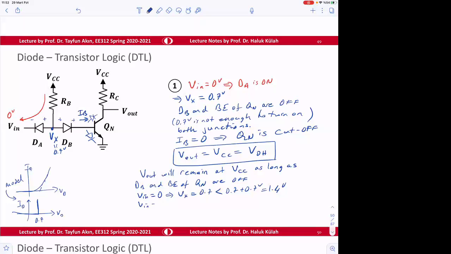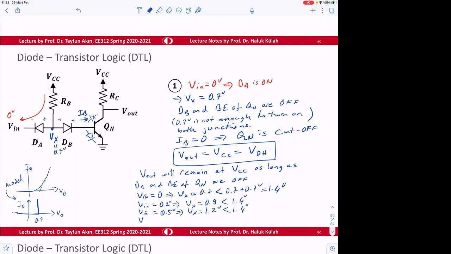If Vin is equal to 0.2 volt, Vx is equal to 0.9 volt, which is less than 1.4 volts. If Vin is equal to 0.5 volt, then this will be 1.2 volts, which is less than 1.4 volts.